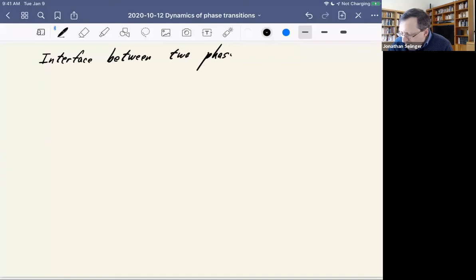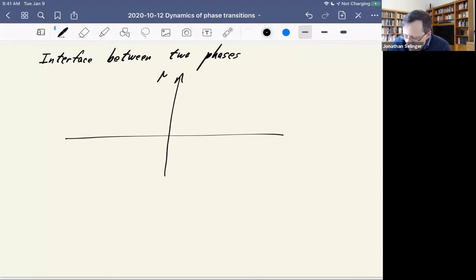So for the magnetic system, we could say if you have magnetic order parameter m as a function of position x, then there could be a spin down phase in one region and a spin up phase in the other region.